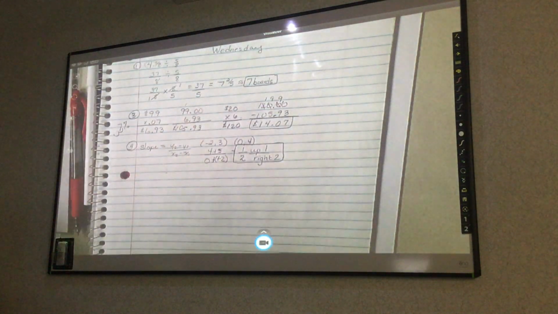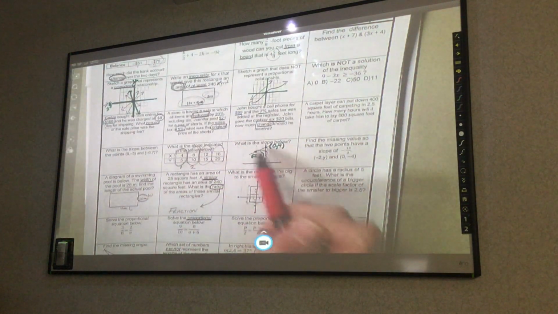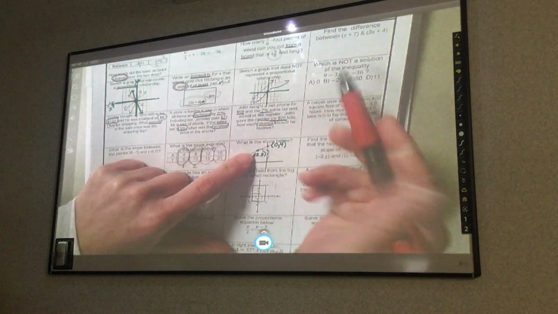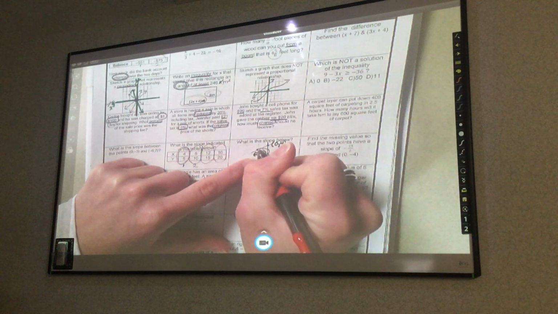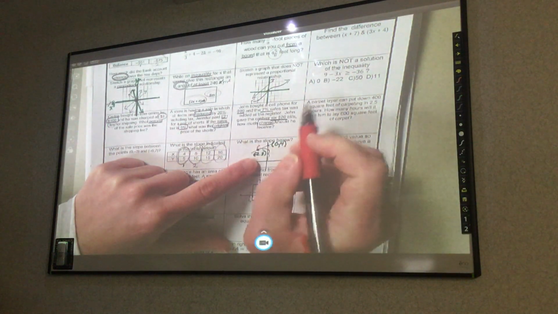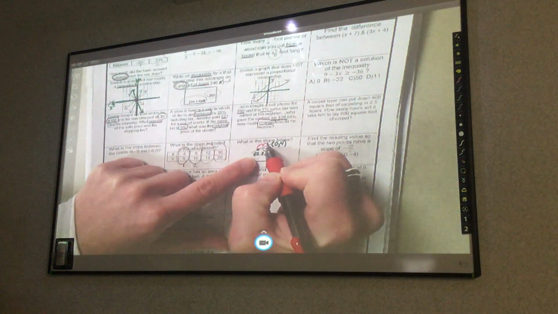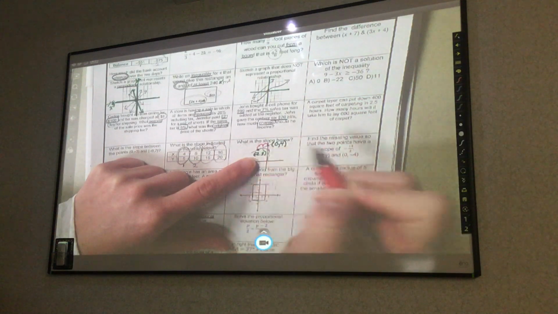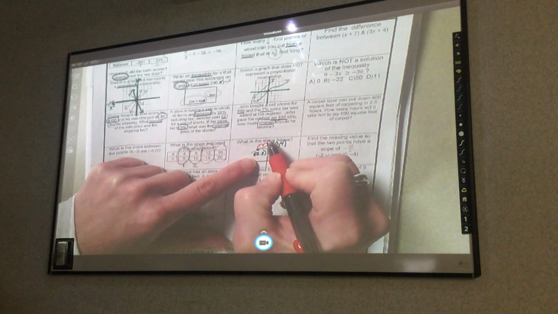Now, I'm going to explain, because I'm going to show you on this graph here. To go from the first point to the second point, don't I go up 1, and then 1, 2, over 2? So I can find a third point by going up 1, and then over 1, 2.